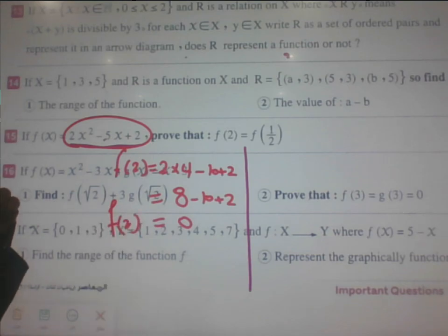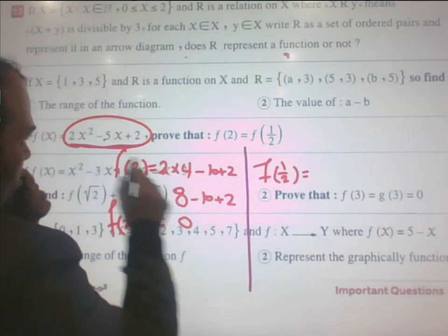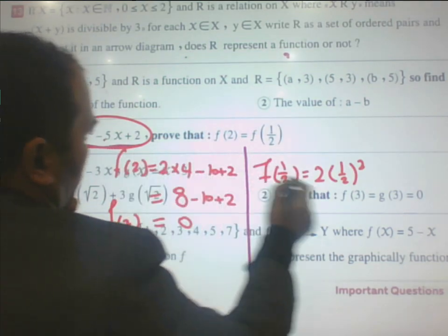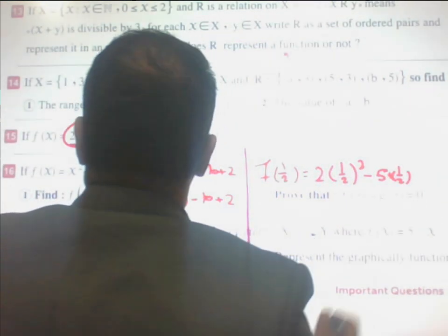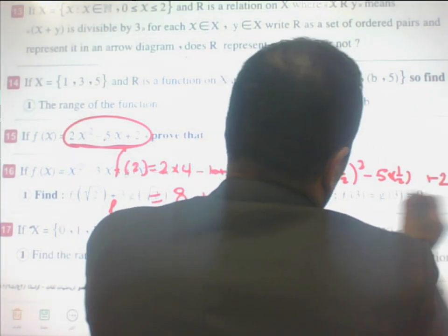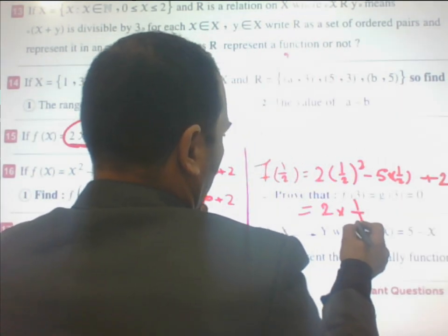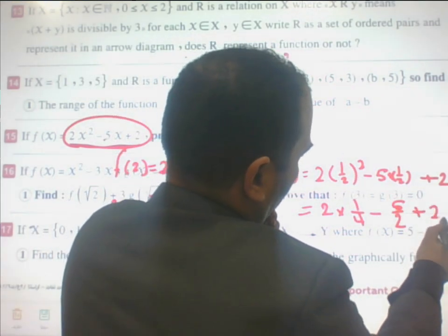Now I will count f of half. Look here. Put this in the function. The value of x will be half. 2 times half power 2, plus... you can follow with me: 2 times half power 2 will be two fourths, subtract by 5 times half, which is 5 over 2, plus 2.